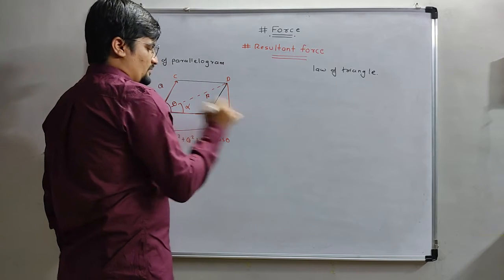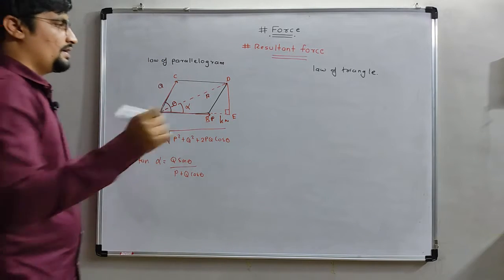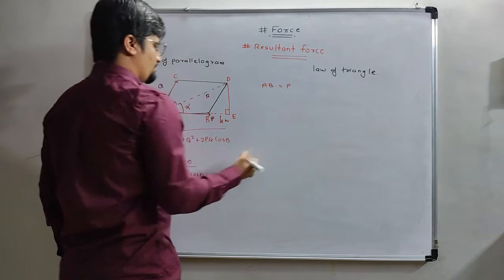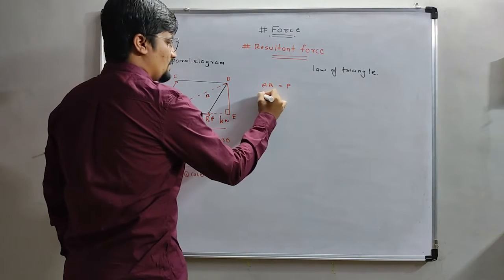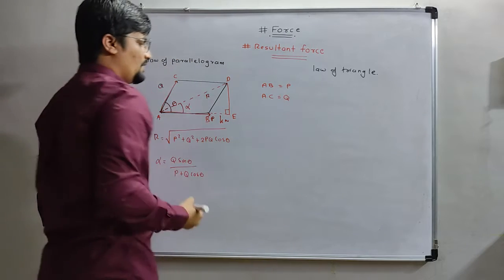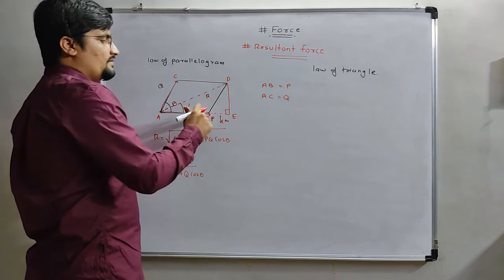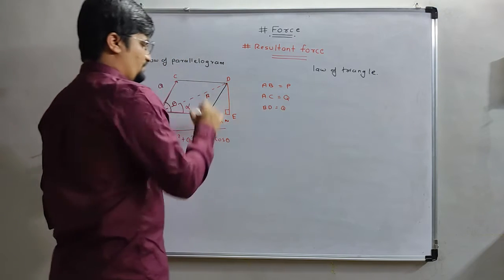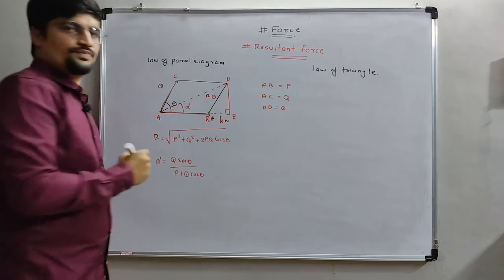The point is E. Consider AB as P, AC as Q. If AC is Q, then BD will also be Q.